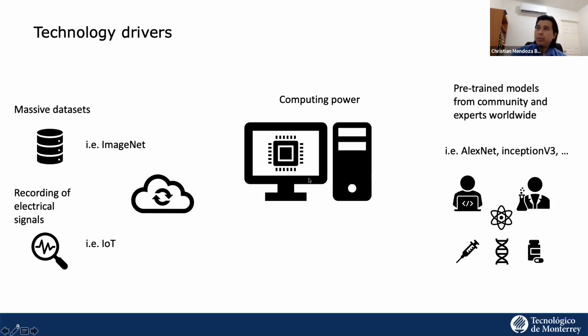This is very important too. Also, specialized hardware, such as graphics processors, is getting better and better every time. Those are important factors that drive up the technology of machine learning and deep learning.